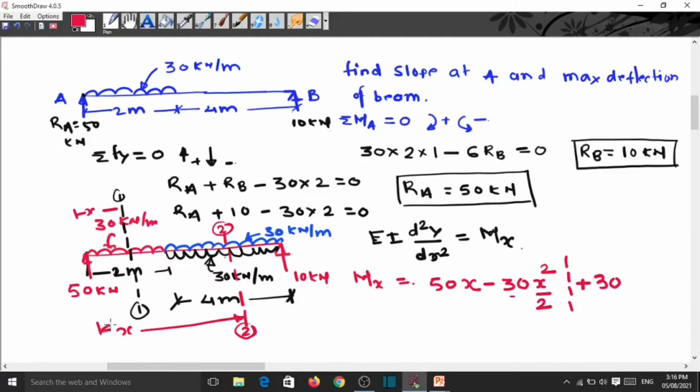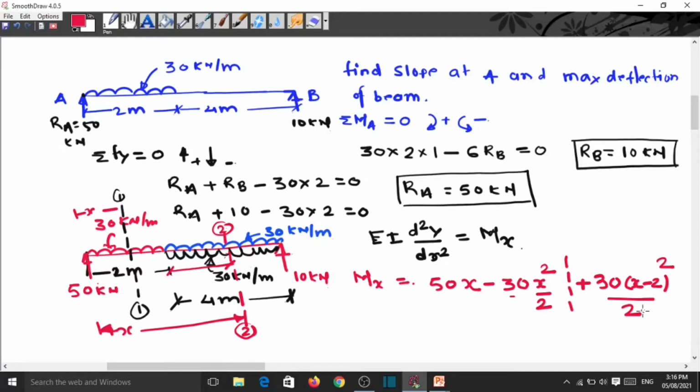So the remaining length will be x minus 2. So we write x minus 2 into x minus 2 divided by 2, that becomes x minus 2 raised to power 2.